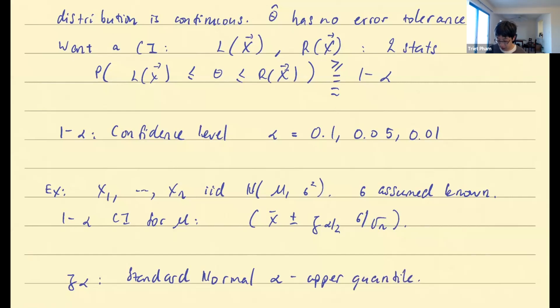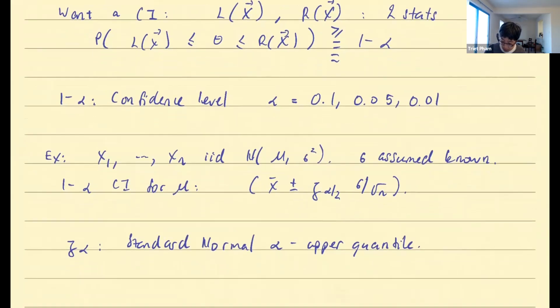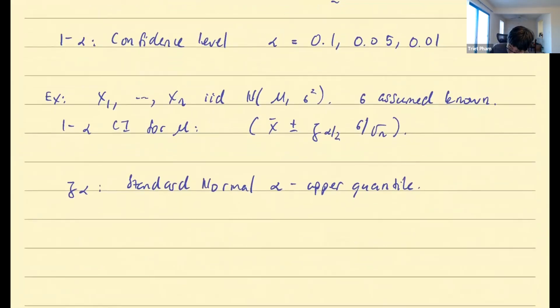I mean, that's just a bunch of names. What it really means is a number, okay? Such that the probability of the standard normal being above it is exactly alpha.